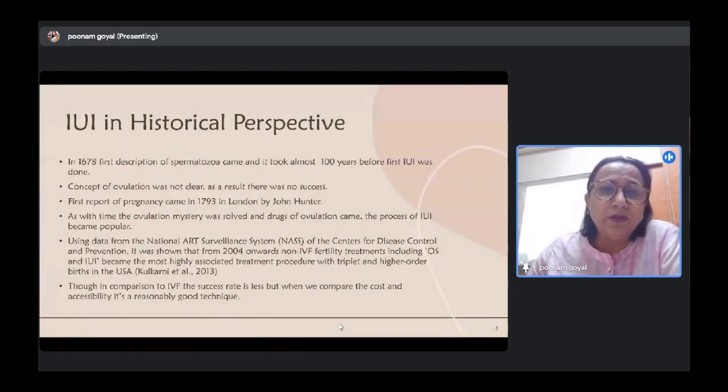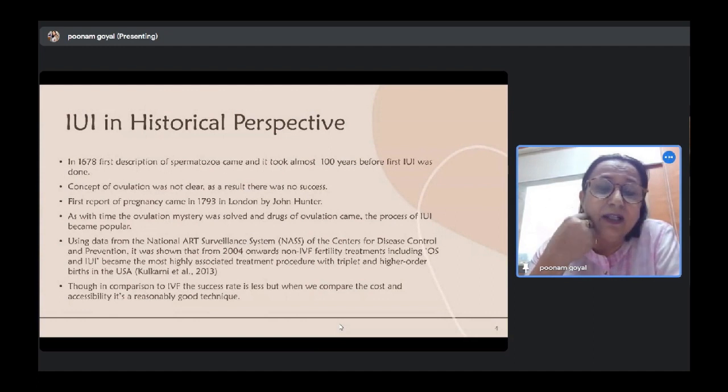Now coming on to the history of IUI. In 1678, the first description of spermatozoa came, and it took almost 100 years before the first IUI was done. The concept of ovulation was not clear. As a result, there was no success in IUI. The first report of pregnancy came in 1793 in London by John Hunter.